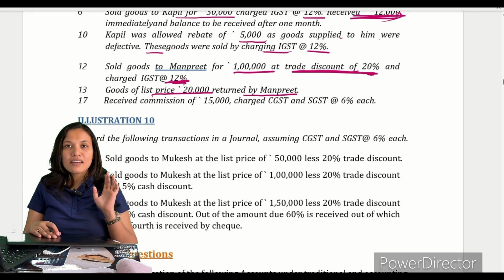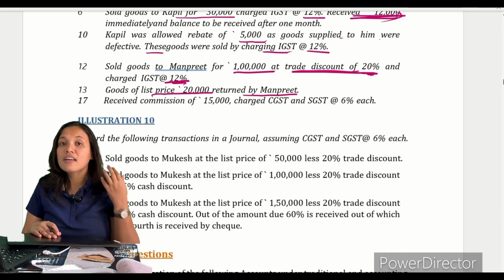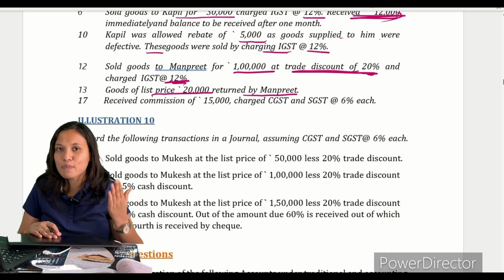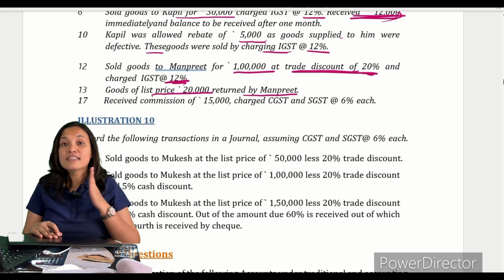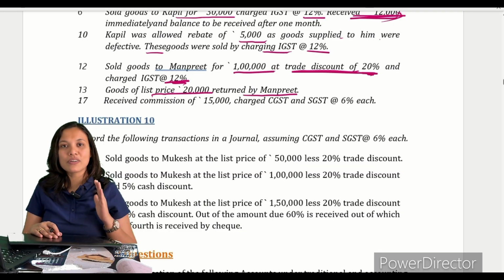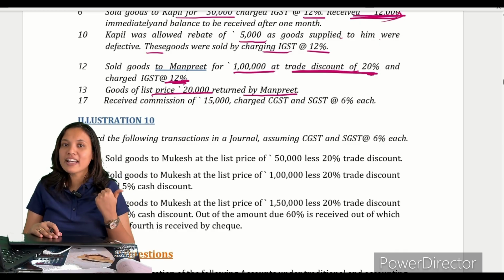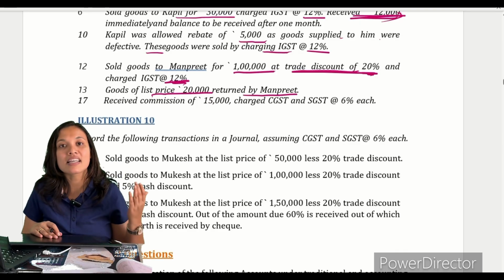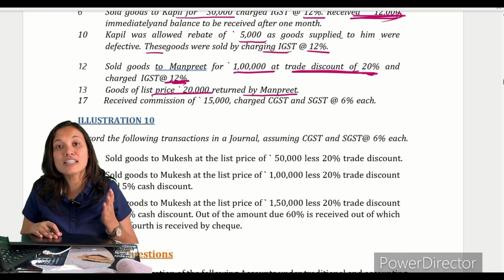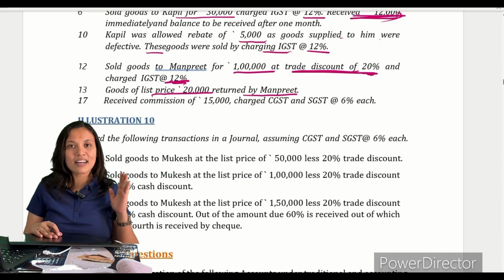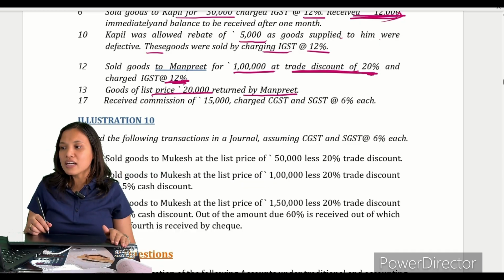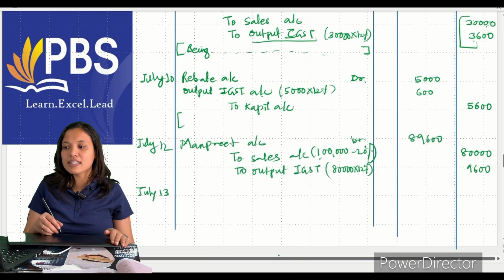While explaining the concept of discount, I mentioned the word list price. List price means it is before trade discount. So instead of giving in the question before trade discount, they have mentioned the word list price. List price means the price is before trade discount. Clear?